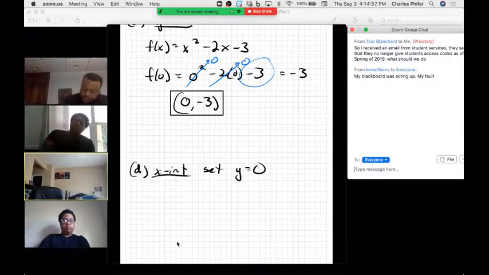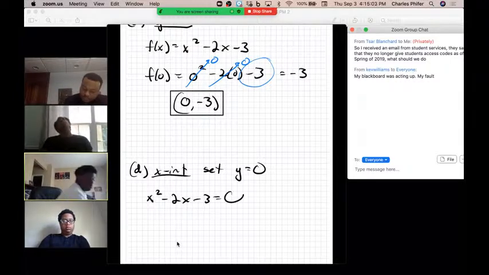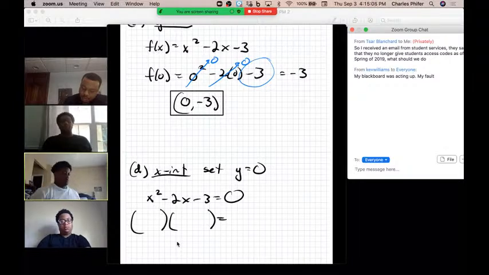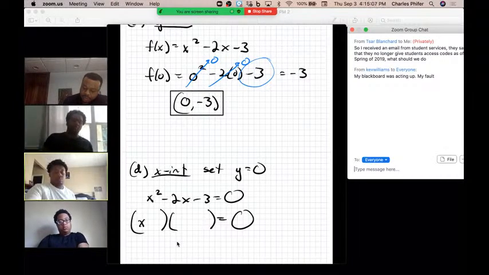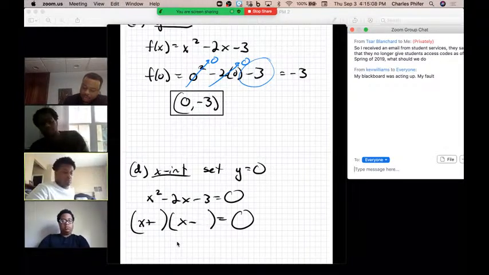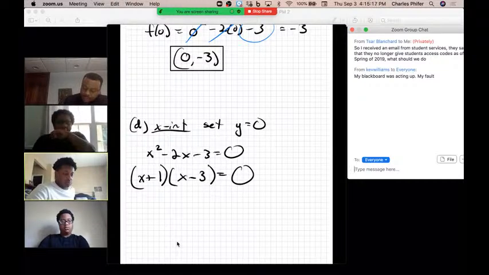So then we have x squared minus 2x minus 3 equals 0. We want to factor: x and x, plus and minus. I think it's a negative 3 and a positive 1. So then if we set each one to 0 and solve, we get x equals negative 1 or x equals 3. And you can write it in the form negative 1 comma 0, 3 comma 0.